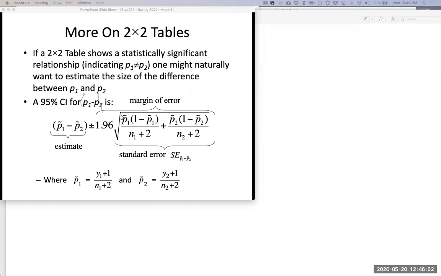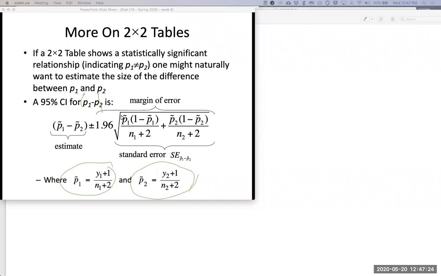What's the difference of P1 tilde and P2 tilde? P1 tilde is an estimate of P1. P2 tilde is an estimate of P2. And rather than adding 2 in the numerator and 2 in the denominator, this method of estimation, the Agresti-Coull estimator, again via solving a quadratic equation like in chapter 9, we add 1 in the numerator and then 2 in the denominator.